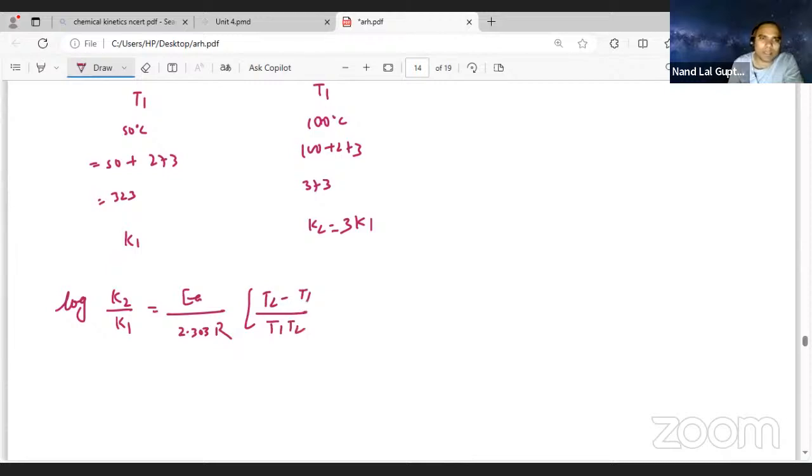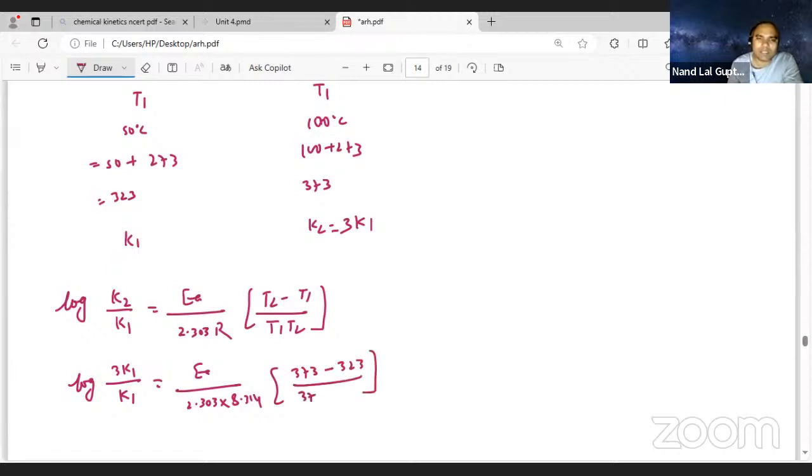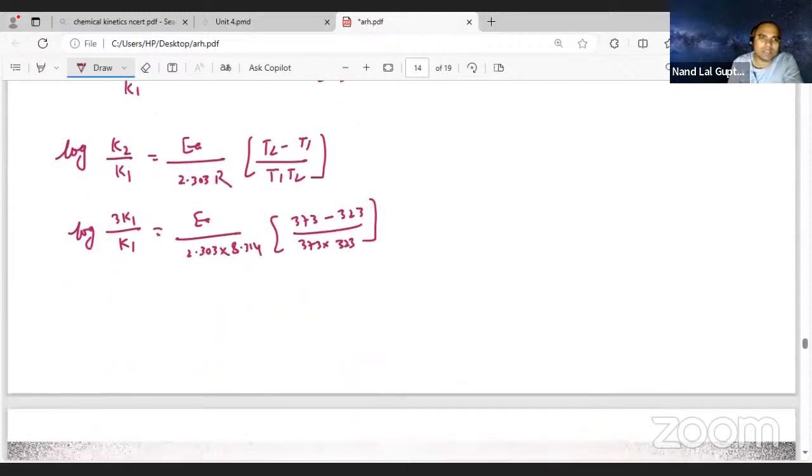Now log K2 upon K1, K2 value 3K1 divided by K1, is equal to activation energy upon 2.303, R value they have given 8.314. Here T2 value is 373 minus 323 divided by 373 multiplied by 323.